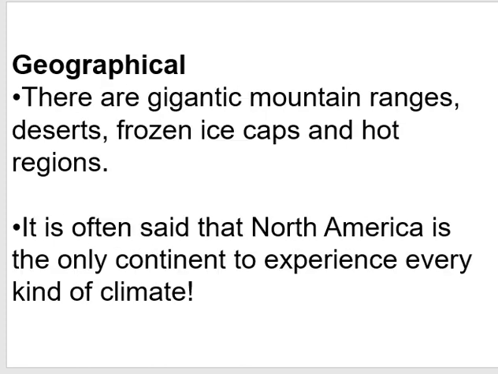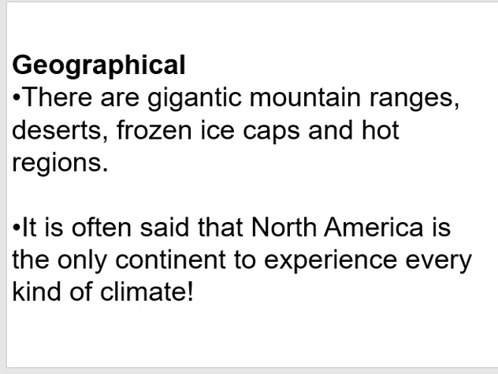Now, in the geographical view of North America, it has very large mountains, gigantic means that it's very big, and they also have deserts. Don't forget that a desert is a place of dryness, where we have little or no vegetation. Why?